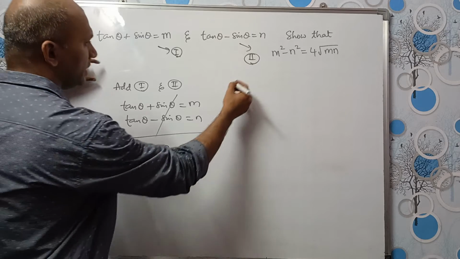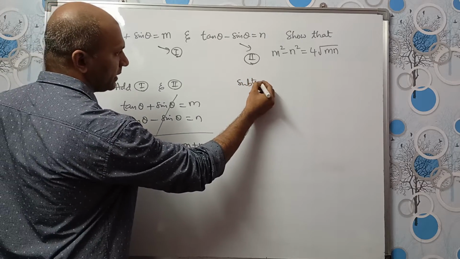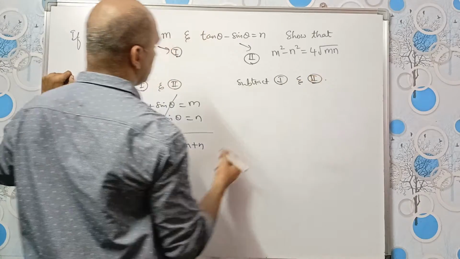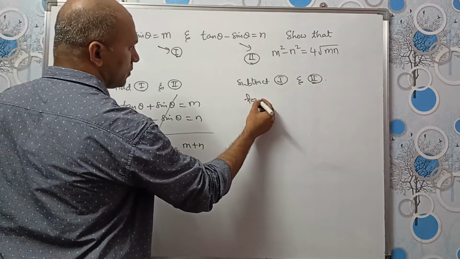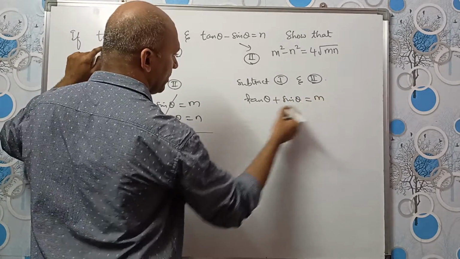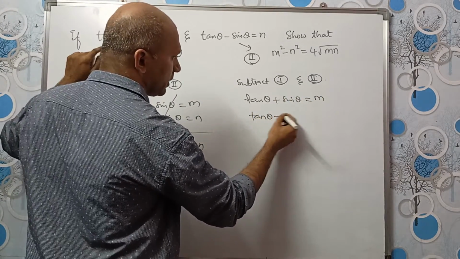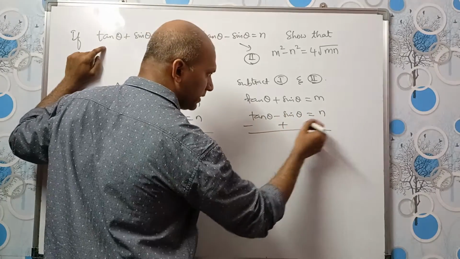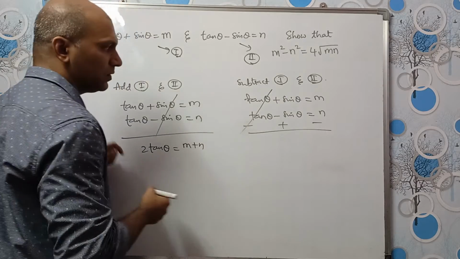Okay. Now let us subtract 1 and 2. So what do we have? Tan plus sine is equal to m. Tan minus sine is equal to n. So when we subtract, the signs will change. So this will be 0.